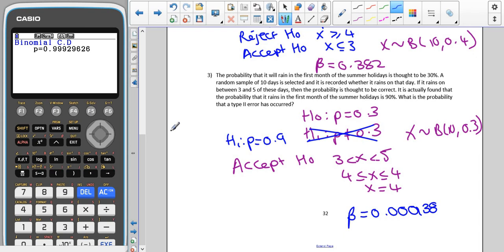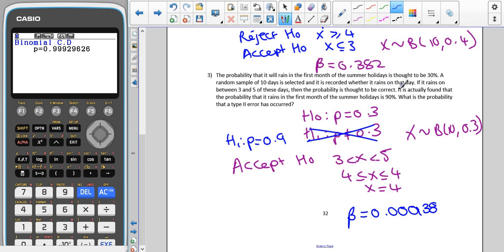For question 3 in the Now You Tries, we've got the probability that it will rain in the first month of the summer holidays is thought to be 30%. A random sample of 10 days is selected and it is recorded whether it rains on that day. If it rains on between 3 and 5 days, then the probability is thought to be correct.